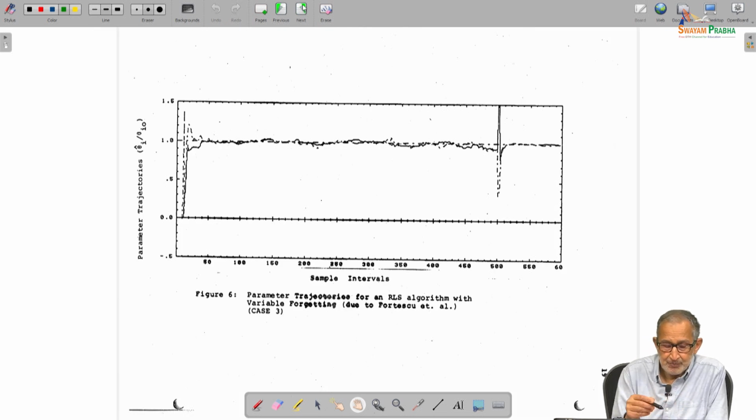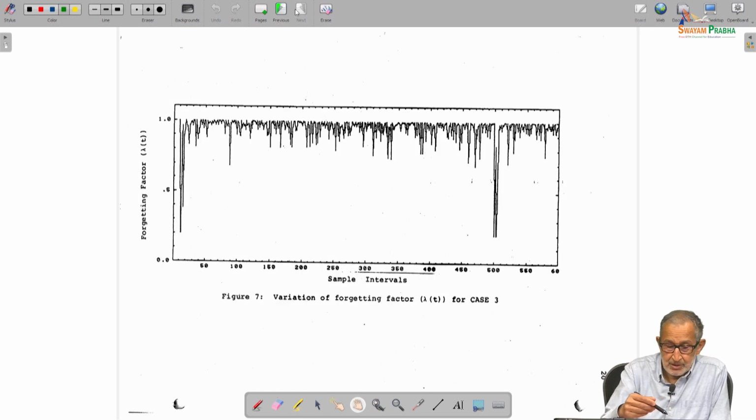So now, even when the gain of the process is small, we are able to very quickly estimate the correct true parameters, and the variance of the parameters is relatively small. And when the gain becomes large, in large excitation, we are able to estimate the parameters very accurately. Okay.